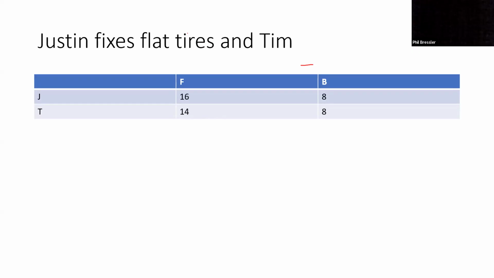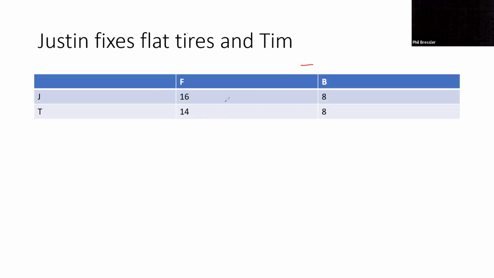Who has the comparative advantage in flat tires? It's an output because it's how many flats and how many brakes you should do.